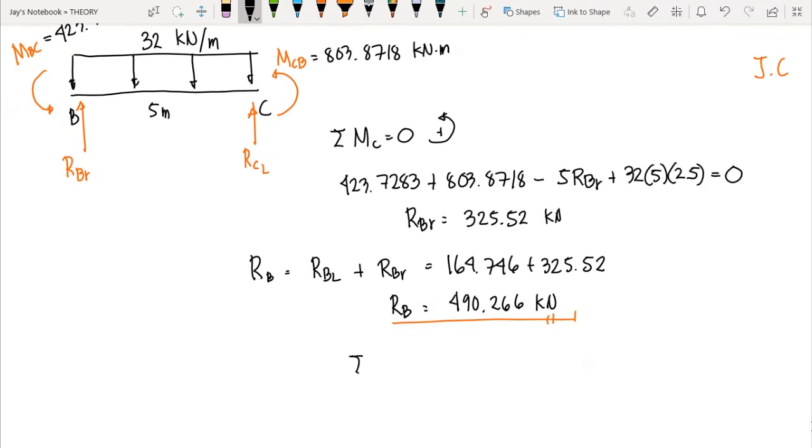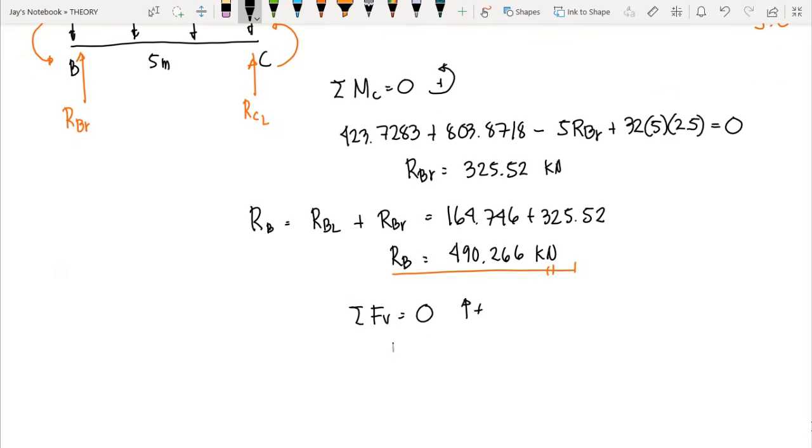And then we compute for the RCL. We can sum up vertical forces equal to 0. Upward forces are positive. We have RBR plus RCL minus 32 times 5 is equal to 0.